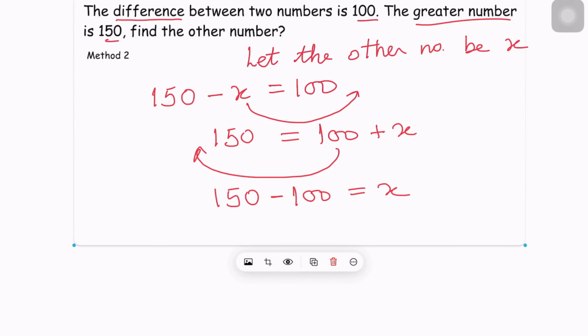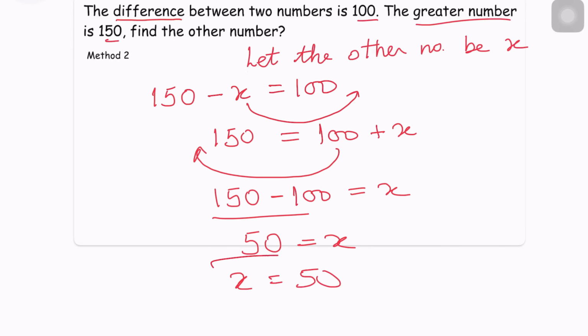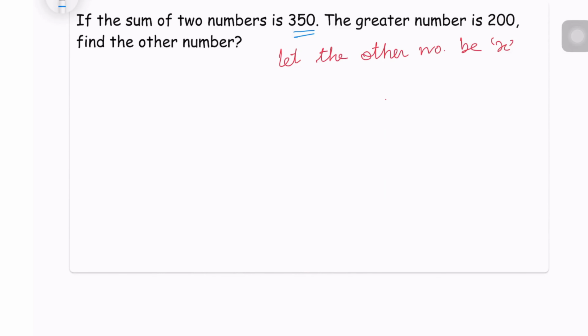Now 150 minus 100 is what, 50 is equal to x, or x is equal to 50, so the answer is 50. This is the second method. Just to understand the method in a better way and to clear our concept, let's try this with another method.